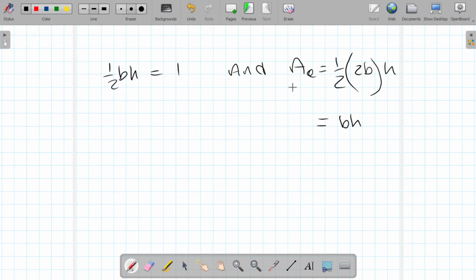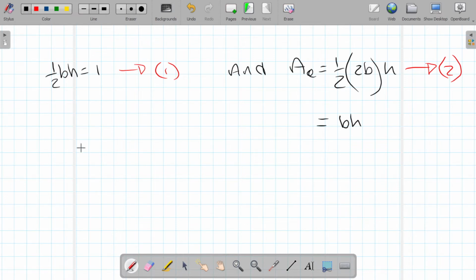Well, I did say that I was going to label these two equations as equation 1 and 2. So we'll redraw this a little bit further over here. So we've got half base times height equals 1, and we'll call that equation 1. And this is equation 2. And really, I'm writing it like this to save space. So I hope you can follow what I'm doing.